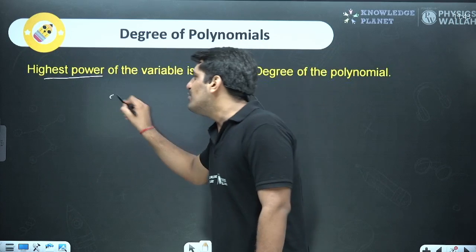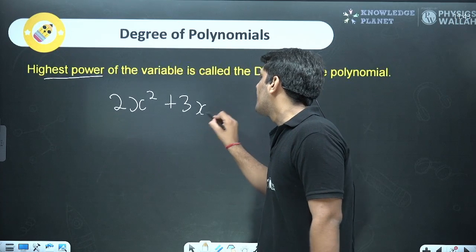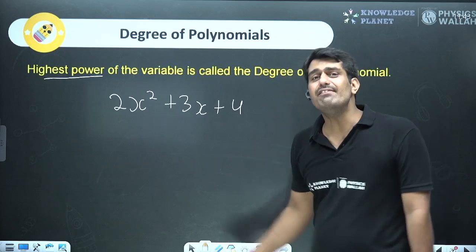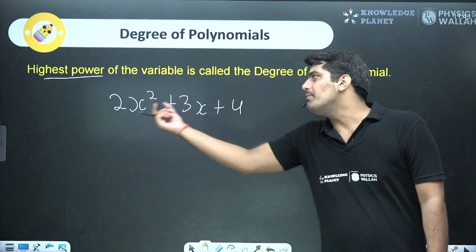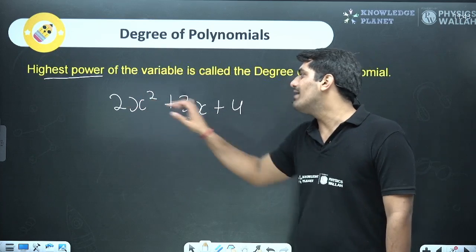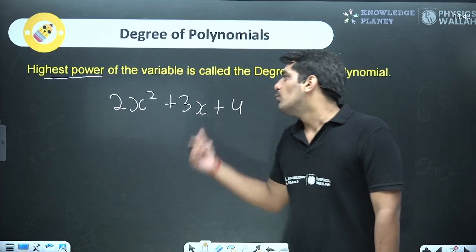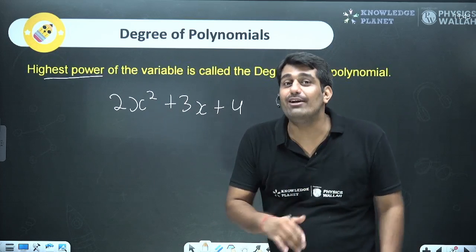So when I write over here 2x square plus 3x plus 4, basically we have the variable x in this term and over here. Now the power is different. Over here the power is 2, over here the power is simply 1. Highest power, 1 and 2. I hope you understand 2 is greater than 1.